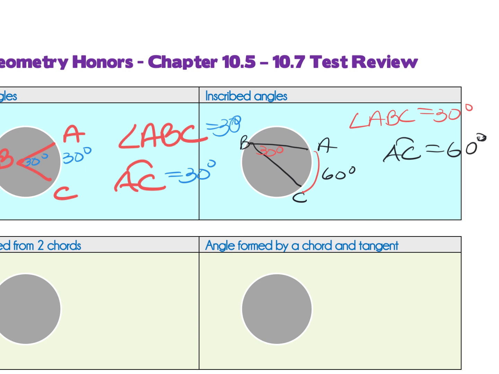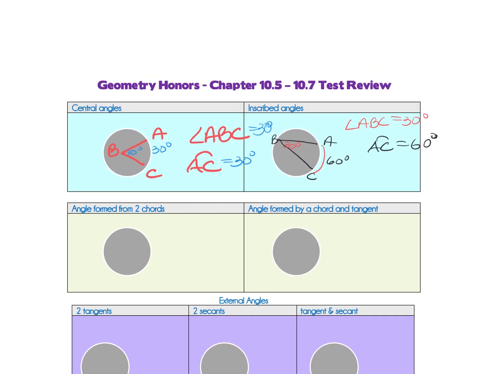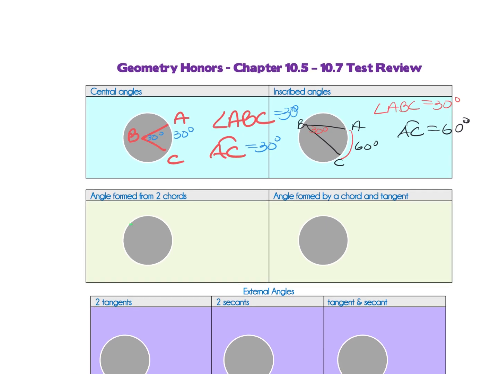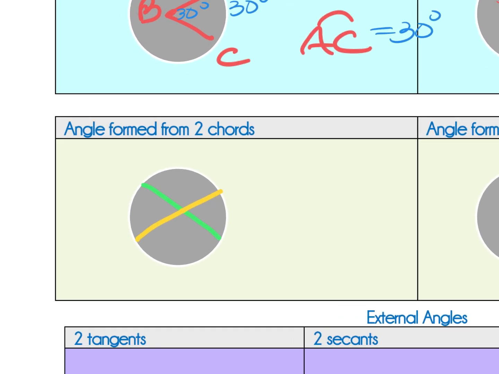Then when we have an angle that's formed from two chords, this was my floating angle theorem. For example, if I draw in two chords here, and I wanted to find the value of x, I would take angle X's intercepted arc, let's say it's 30, and its vertical angle's intercepted arc, which would be 50.